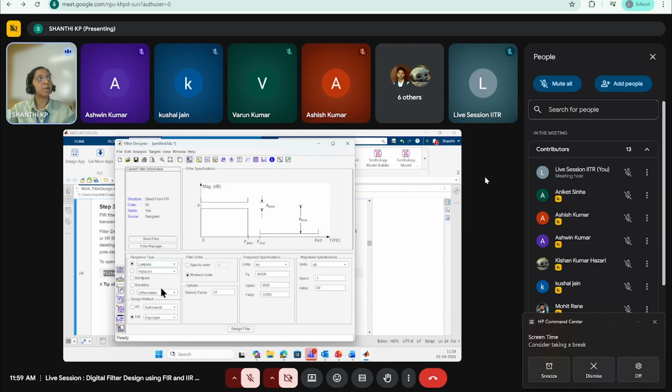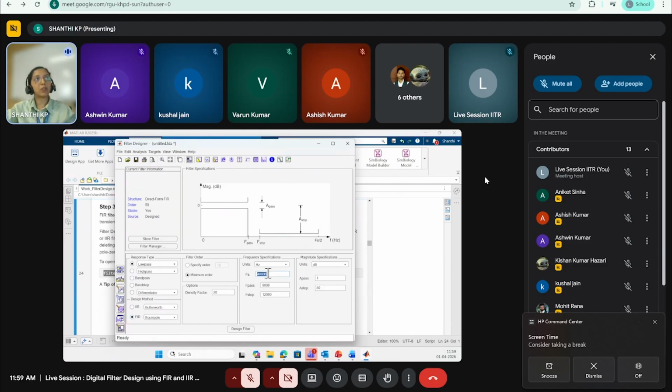Under the design method, we'll choose FIR filter, and we'll keep the method as equiripple for now. In the filter order section, we'll keep it as minimum order. Let's not change all these default settings for now.